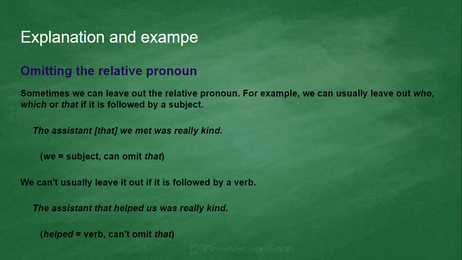We can remove that word because we have met. We is a subject, so we can omit that because we have we in the sentence. That is enough to make the sentence clear.